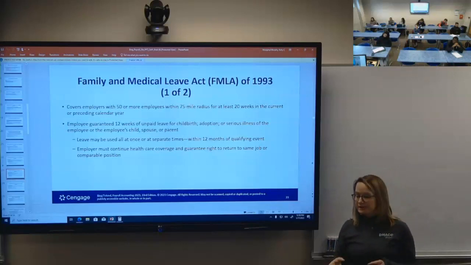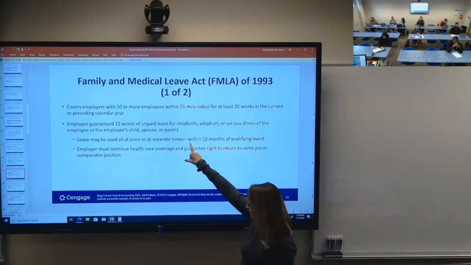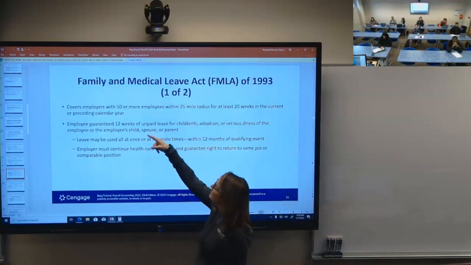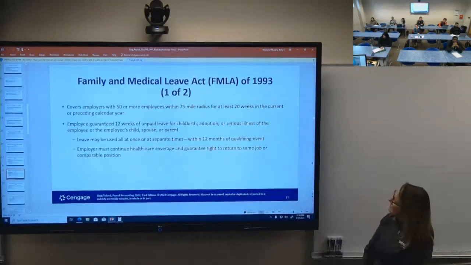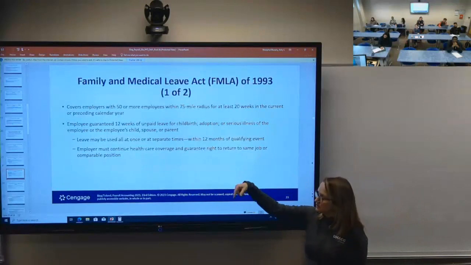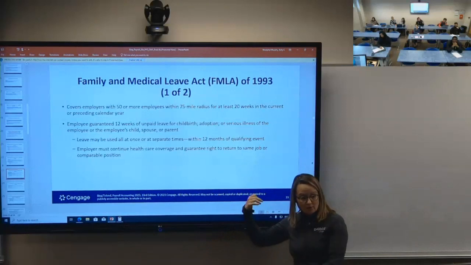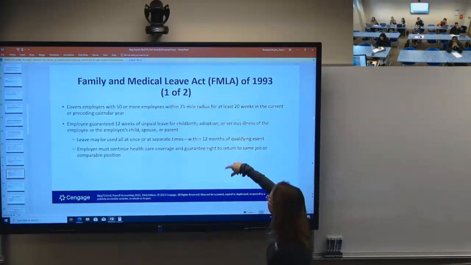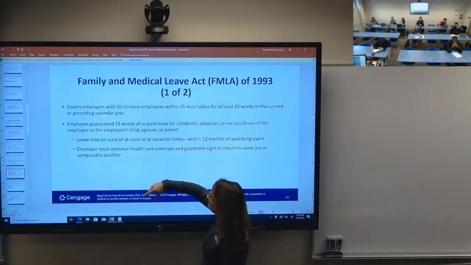It allows certain employees, now they have to meet requirements, and it's only for employees at employers that have 50 or more employees within a 75-mile radius, for at least 20 weeks in the current or preceding calendar year. So it's only going to be those mid-sized to large employers that are required to abide by the Family Medical Leave Act.